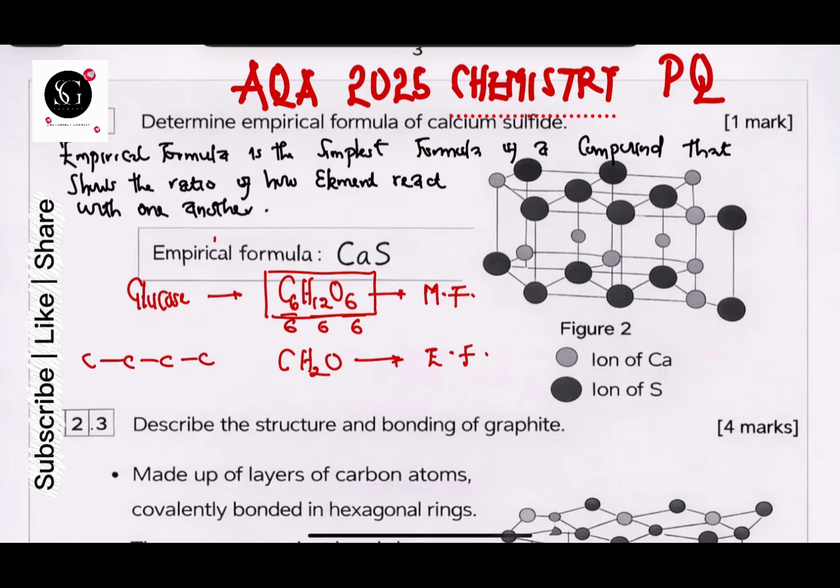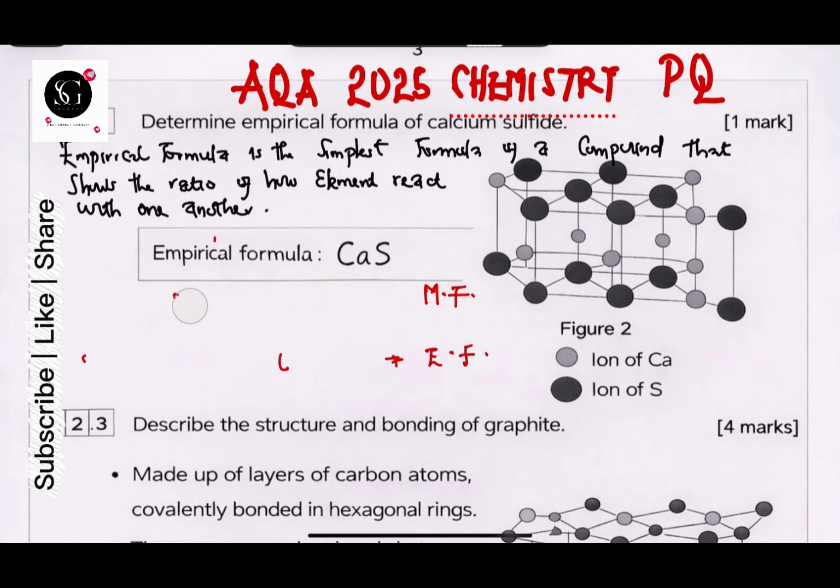Let me quickly do another example so that we understand again. Let's use calcium sulfide. What's the actual formula of calcium sulfide? The actual formula of calcium sulfide is CaS.